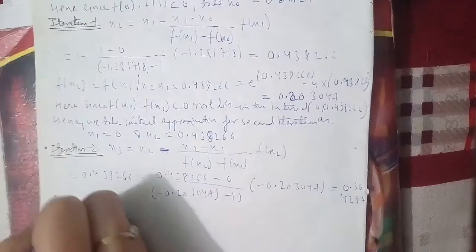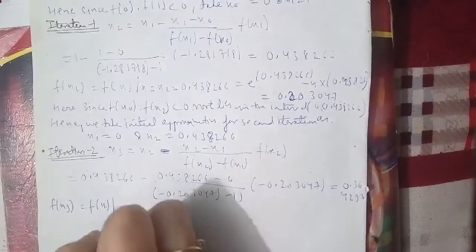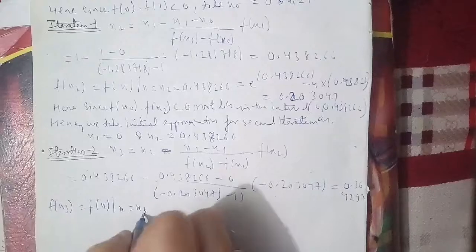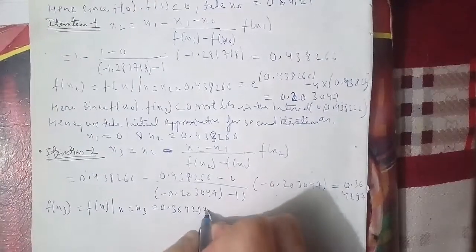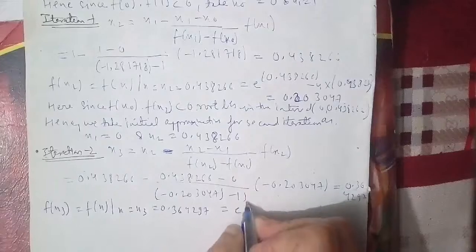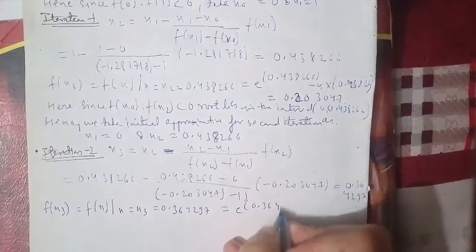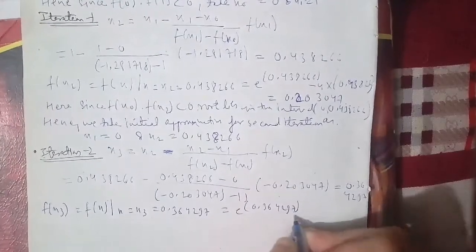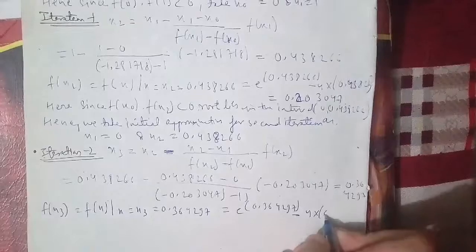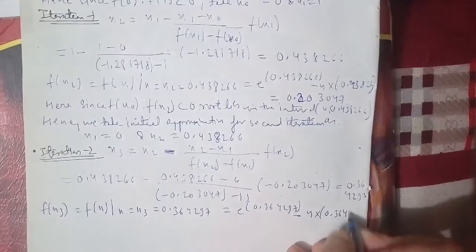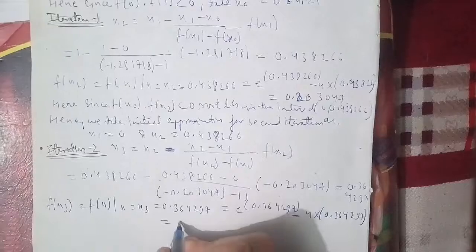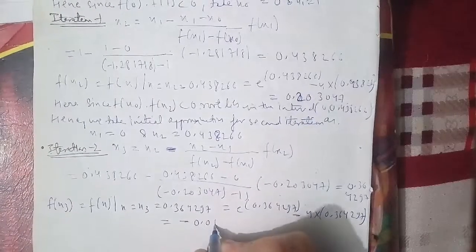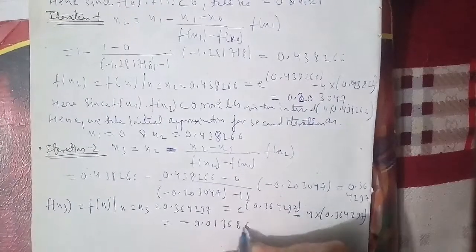For f(x3), x = x3 = 0.364297, so f(x3) = e^0.364297 - 4 * 0.364297, which equals -0.017686.